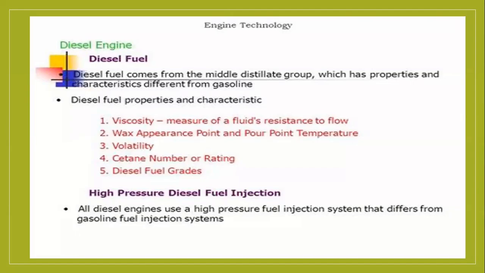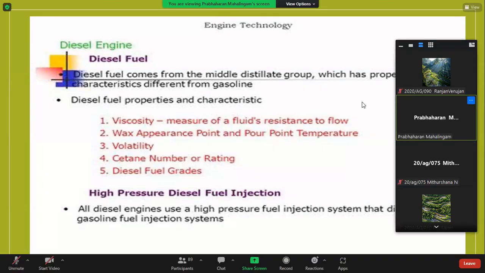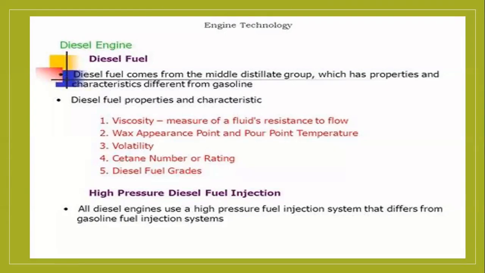Then diesel, super diesel, octane 92, octane 95, super petrol, everything comes according to the vaporization temperature. So diesel comes from the middle distillation group, which has properties and characteristics different from gasoline, right? It will differ. That's why the price also differs, the terms also differ.